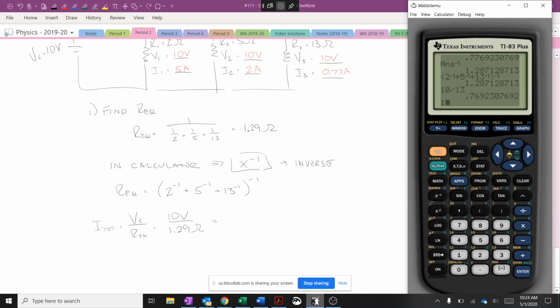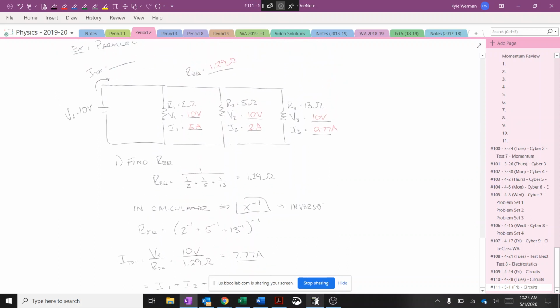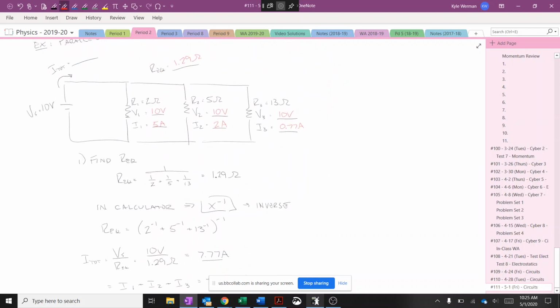So if I go 10 divided by 1.29, I get 7.77 amps. Or I can add up I1 plus I2 plus I3, and look at 5 plus 2 plus 0.77 is also 7.77 amps. You end up getting the same answer either way. So again, using Ohm's law over and over again, I get 7.77 amps.